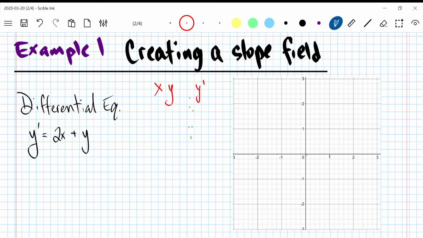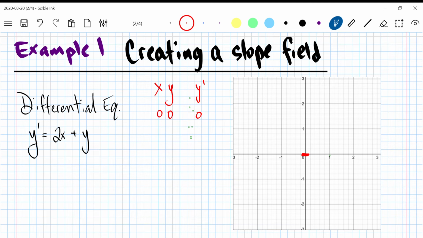Traditionally you pick the easiest ones that you can, just to find the answers quicker. So I'm going to start with 0, 0. Then I would have 2 times 0 plus 0, which gives an answer of 0. So at 0, 0, I'm going to draw a little line with a slope of 0.